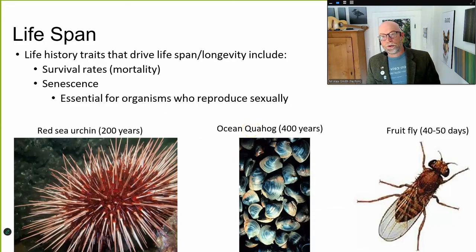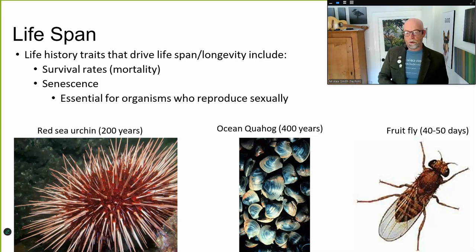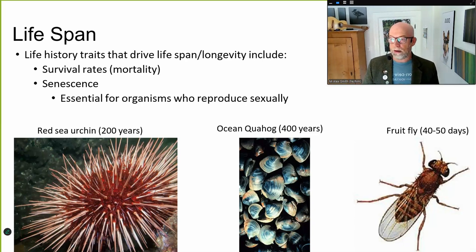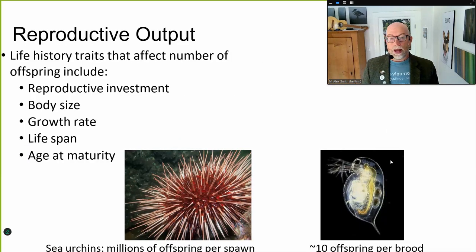So life history traits can also affect not only body size, but lifespan and longevity, so senescence for organisms who reproduce sexually. We see great variability, with red sea urchins at 200 years, other mussels at 400 years, fruit flies at 40 to 50 days. And then big changes in reproductive investment, of course, as well.